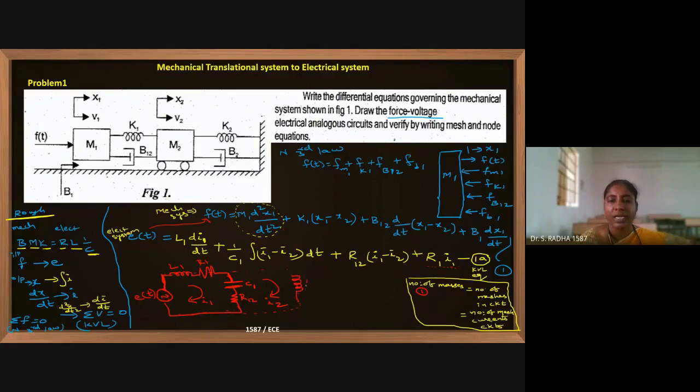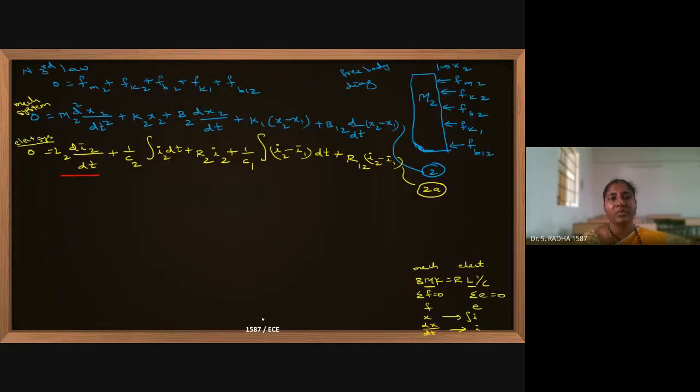So I write L2 in the second loop; only I2 current will flow. You can put it anywhere, in the top horizontal path or the bottom horizontal path, but the condition is that only I2 flows in L2, according to our equation.